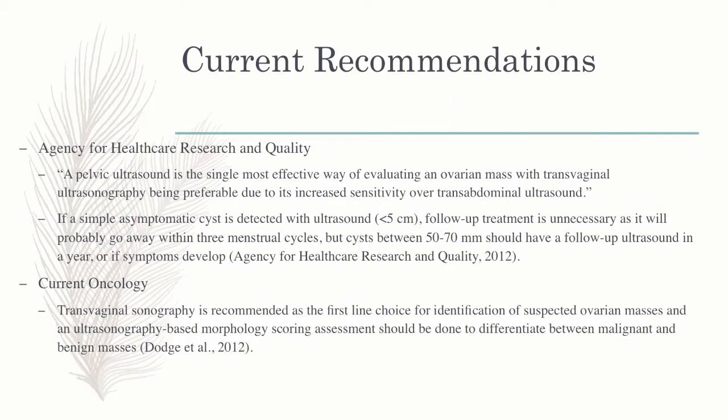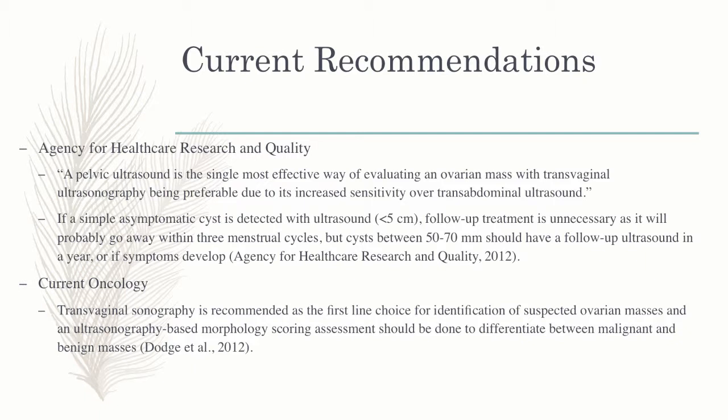So, current recommendations. The Agency for Healthcare Research and Quality recommends, quote, a pelvic ultrasound is the single most effective way of evaluating an ovarian mass with transvaginal ultrasonography being preferable due to its increased sensitivity over transabdominal ultrasound.